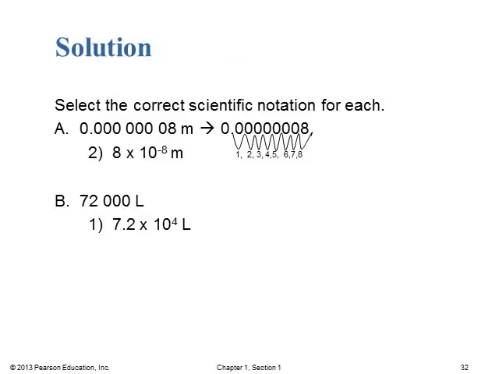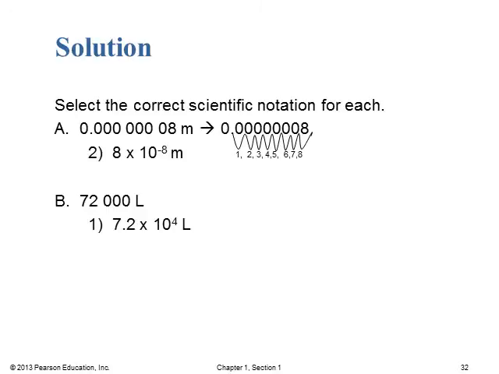Here, I just wanted to make a quick note on how we actually can come up with where that exponent comes from. We can determine our exponent based on how our decimal moves. If we have 0.0000008, as we discussed before, the correct answer for the scientific notation is 8 times 10 to the minus 8.